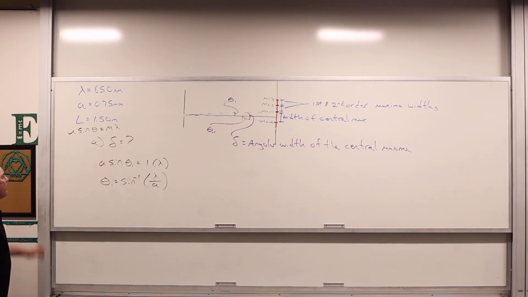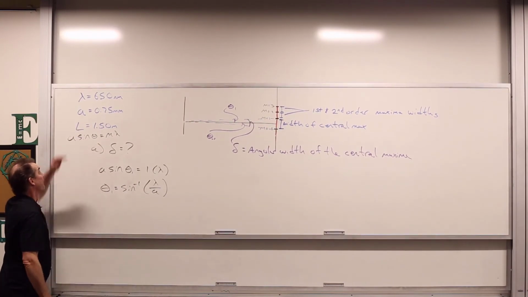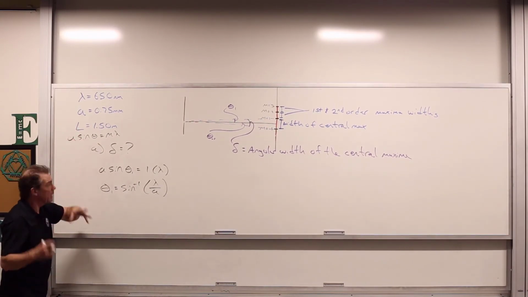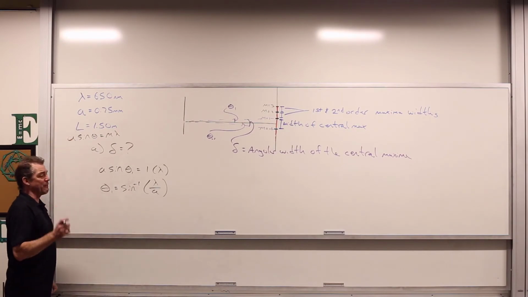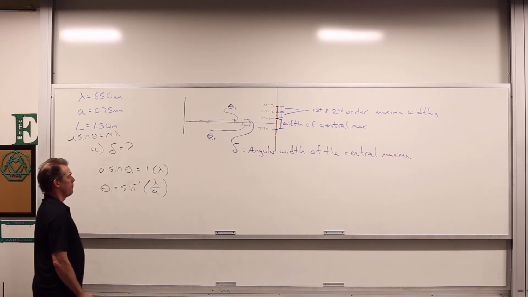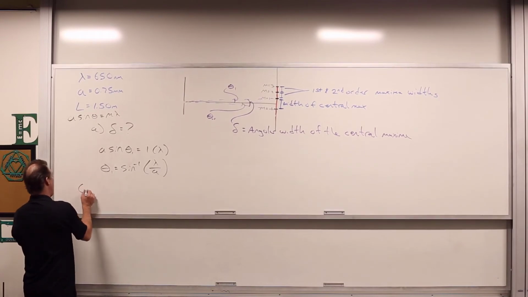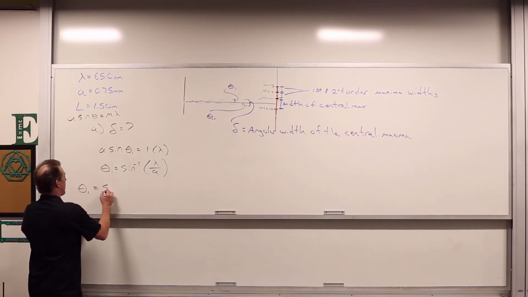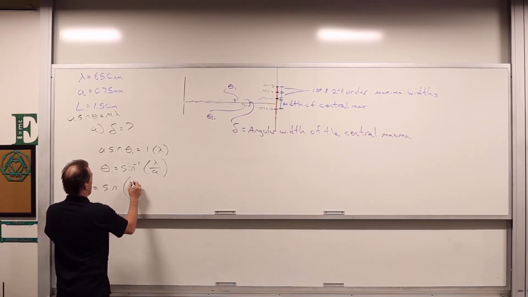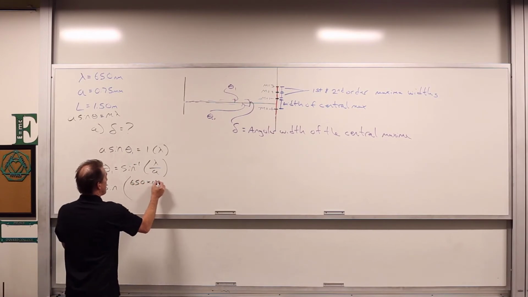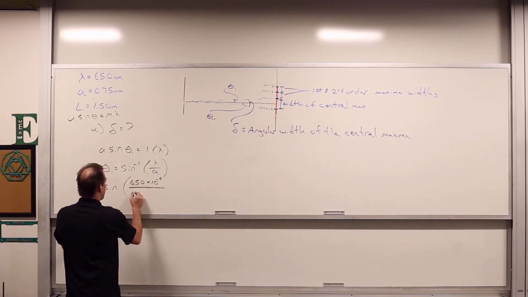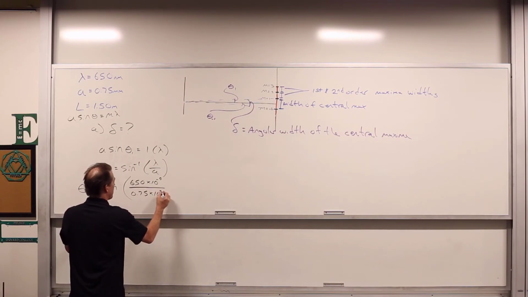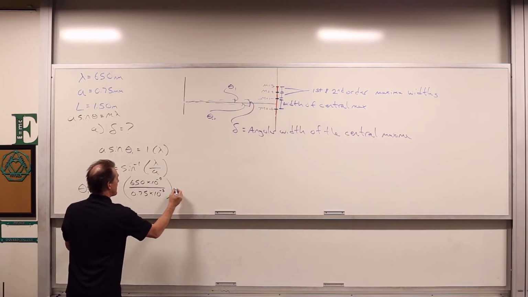Again, what you've got to be careful of is putting numbers in. Lambda is 650 nanometers, and A is 0.75 millimeters. So we want to make sure that we're putting those quantities in properly. So we've got the arcsine of 650 times 10 to the negative 9 divided by 0.75 times 10 to the negative 3. Then there's no mistaking anything.